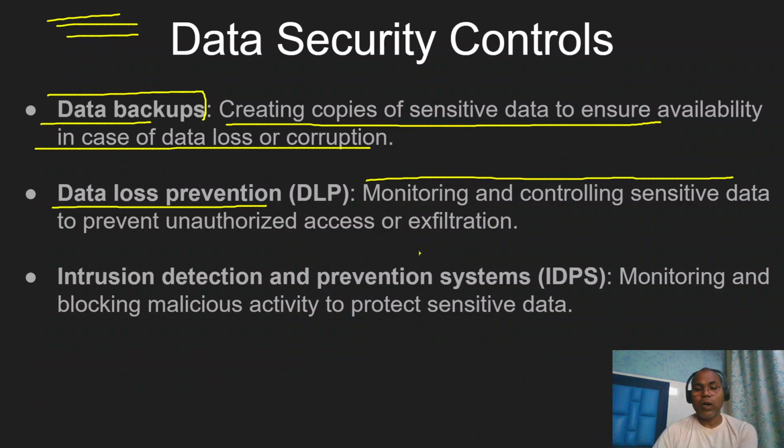We have systems that detect and prevent data leaks. So we have to monitor everything, blocking malicious users, untrusted IPs, and untrusted users. We have to apply some systems, software, or technology that ensures no one can access my sensitive information.